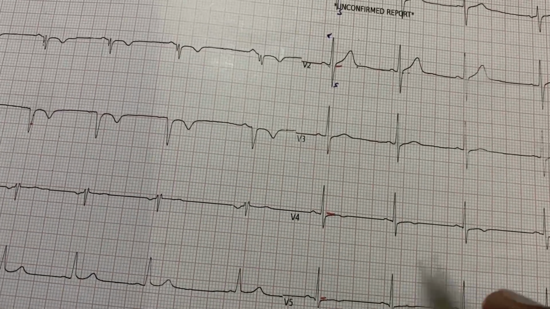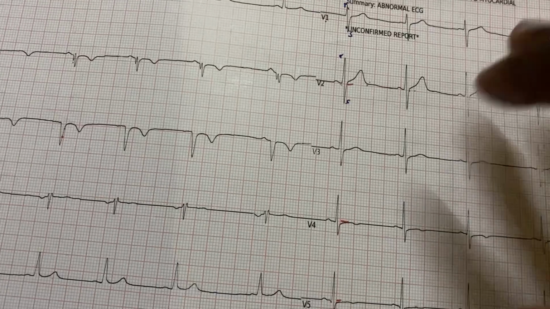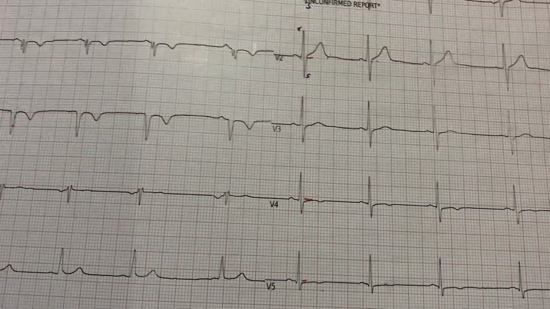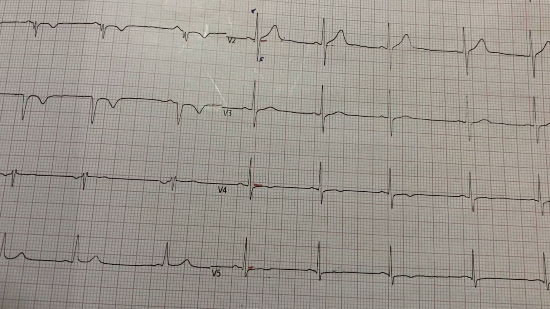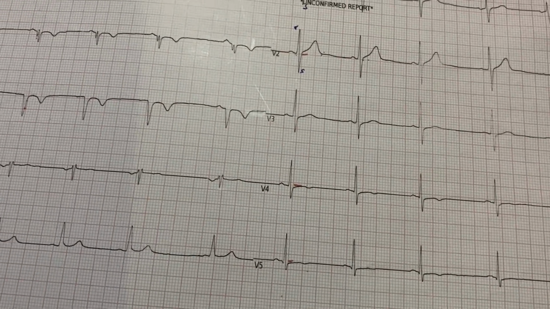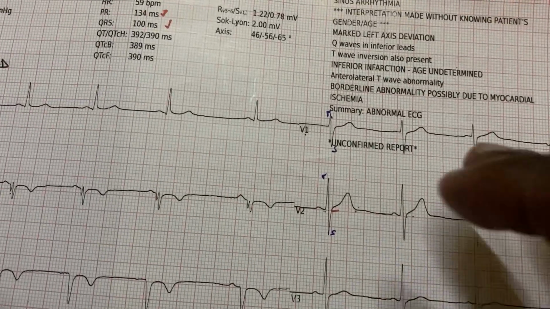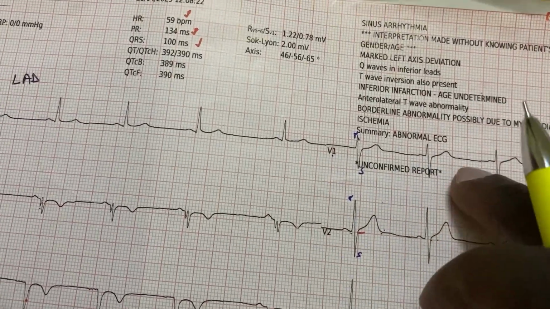So free wall depolarization. This is a normal depolarization, no enlargement, nothing. And then we have a small s in V6, which shows depolarization of the basal parts. So this is what we expect in the normal ECG.